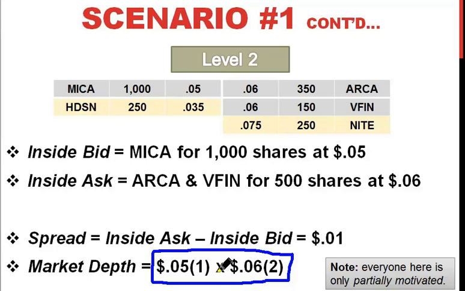Thinking back to our scenario, the young couple does, and they want to buy at 5. So there they are right there. One representative wants to buy at 5 cents. However, we have 2 representatives that want to sell at 6. So how many? 2. Well, there you go. So the market depth is saying it's 1 by 2, or 5 by 6 cents.